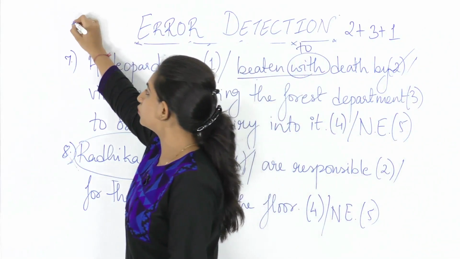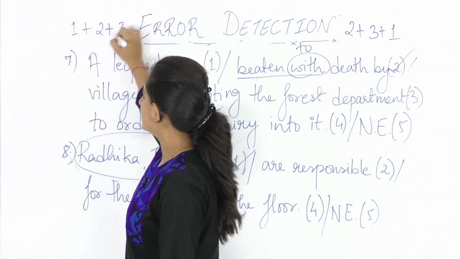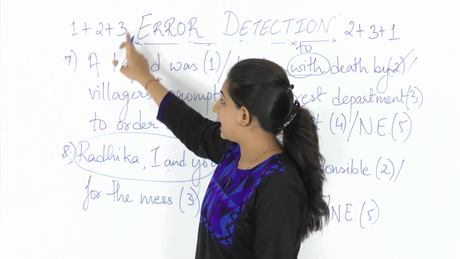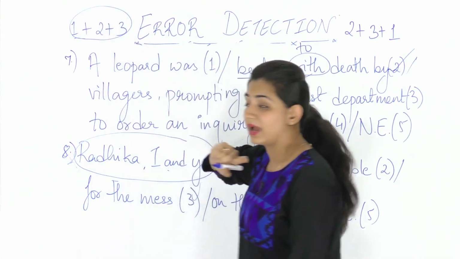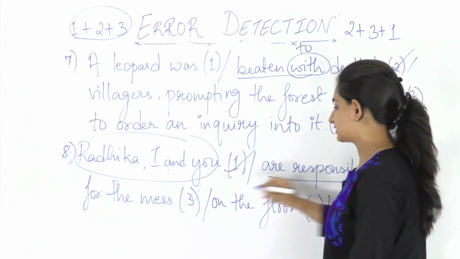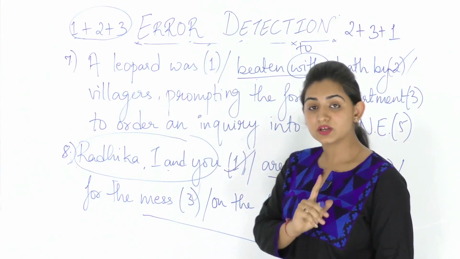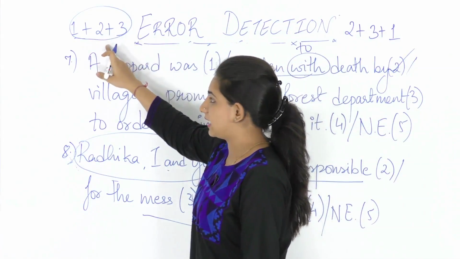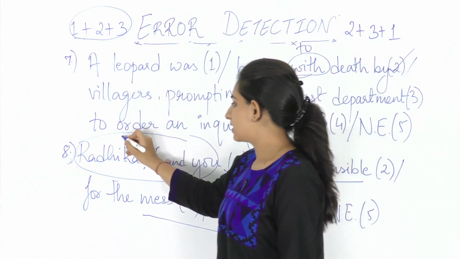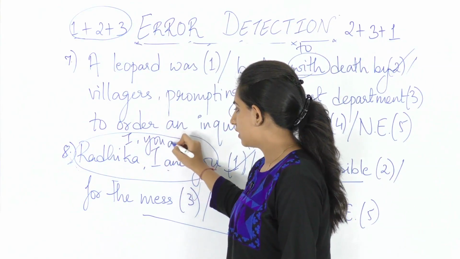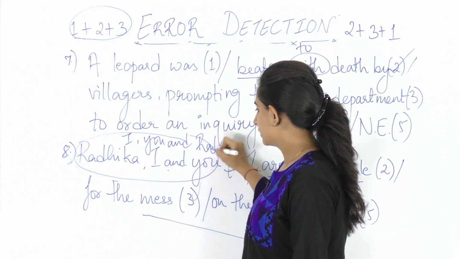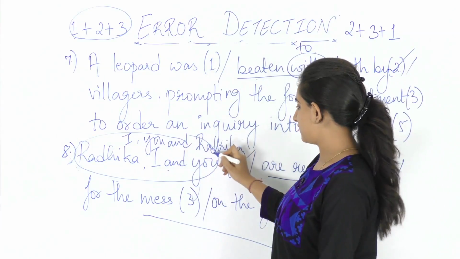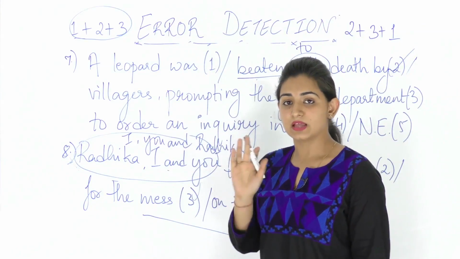We have one more rule, that is 1 plus 2 plus 3, that is 1st person, 2nd person and then 3rd person, and we will follow this rule. Why? Because this sentence accepts a mistake, and whenever a sentence accepts a mistake, what do we write? 1st, 2nd and 3rd. So what will be placed? I, you and Radhika. All the names are considered as 3rd person, that is why we are writing Radhika in the last.